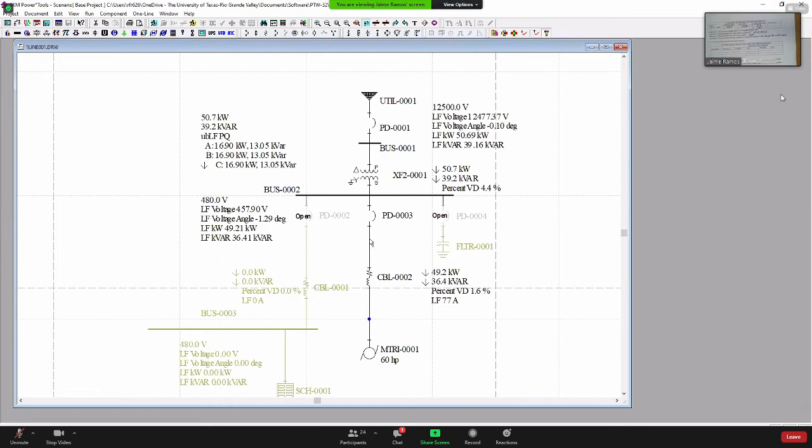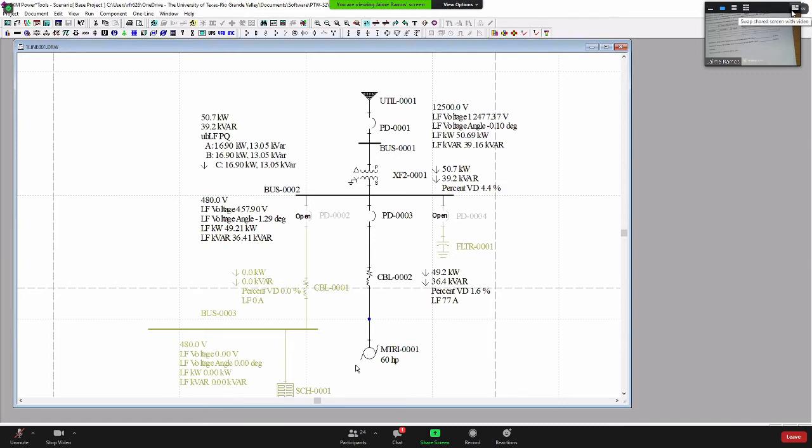Okay, so now we need to go to the following: SC, short circuit. The first question is, where is the short circuit going to occur? We can have a short circuit at bus 1 or at bus 2 or at bus 6.